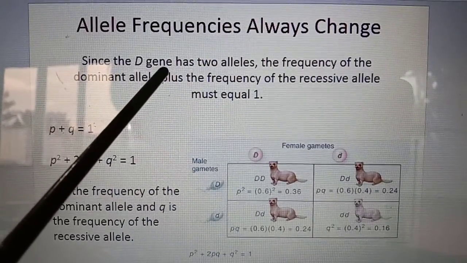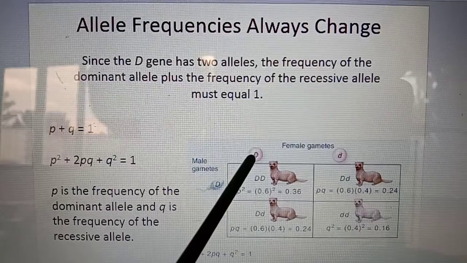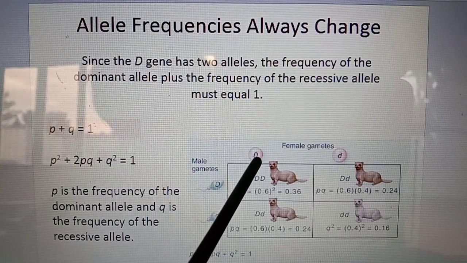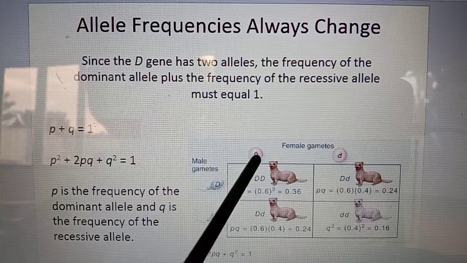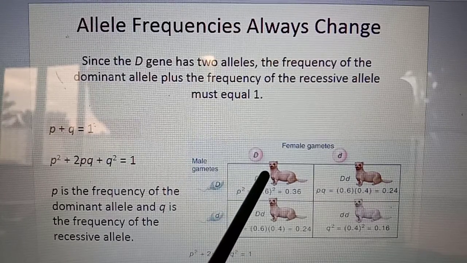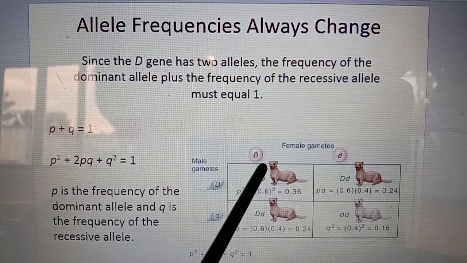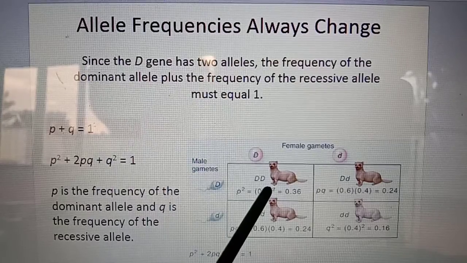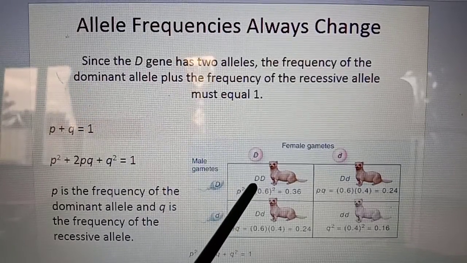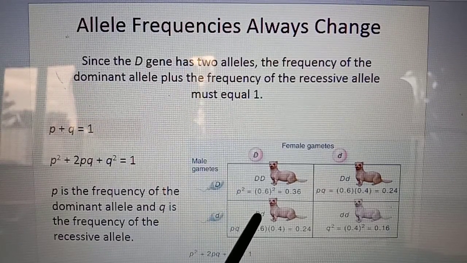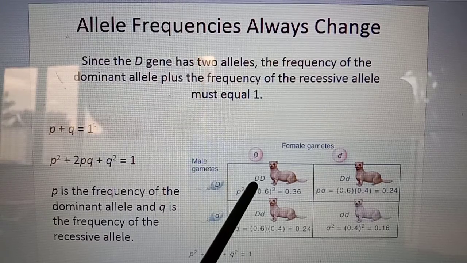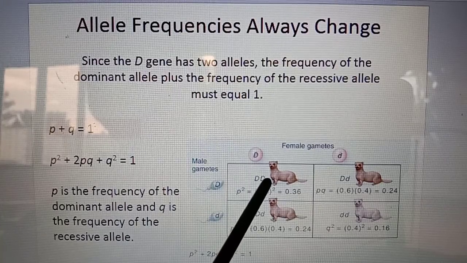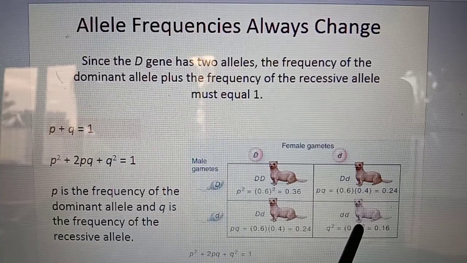Since the D gene has 2 alleles, the frequency of the dominant allele plus the frequency of the recessive allele must equal 1. So this one is the frequency of the D allele. The frequency of the dominant allele is 1, and the frequency of the recessive allele is 1.